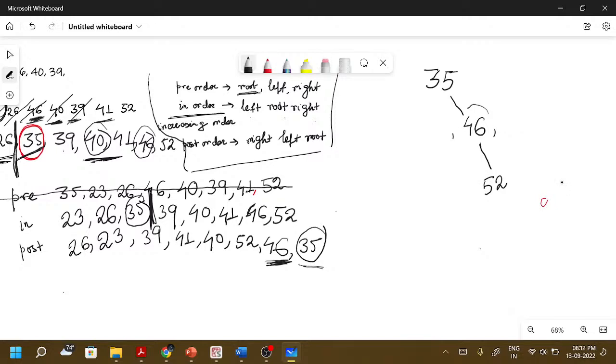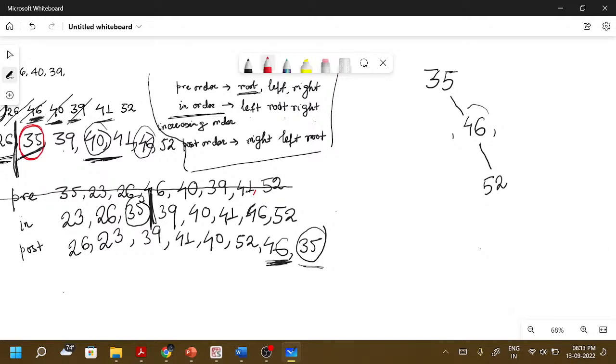After that 52, if 52 becomes a root, it is not possible. 52 cannot go left because it's more than 46. And 52 cannot be a root, because then it goes in decreasing order, which we don't want. So 52 is of course a leaf.